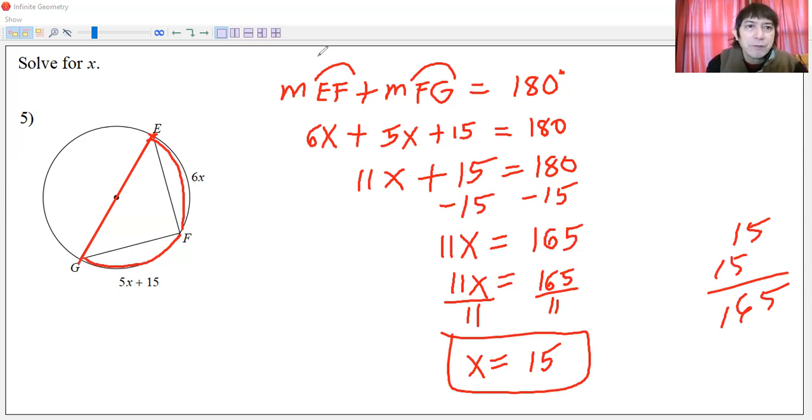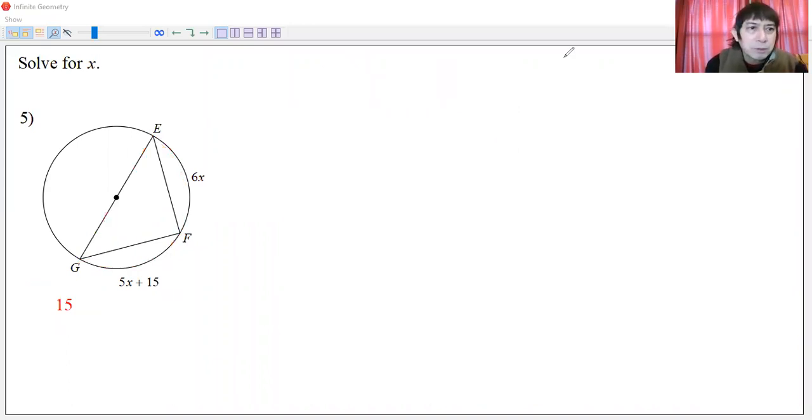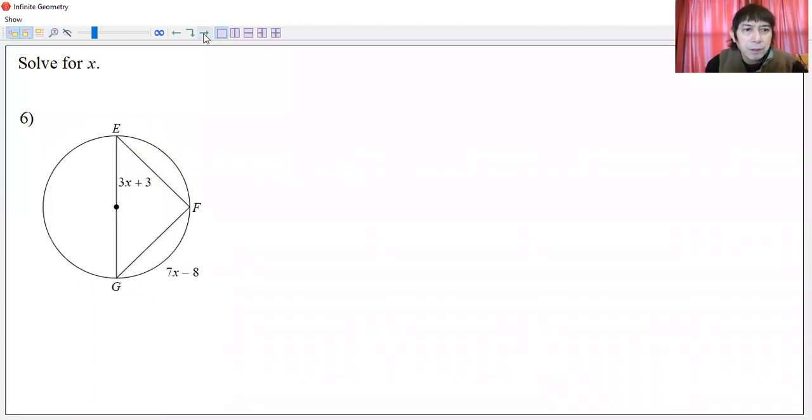All right, let's check and verify the value of x. Check below the diagram because the computer displays the answer just below the diagram. There, okay? And there's the answer. And we're done with number 5. Let's proceed to number 6. Let me clear the screen. All right, here's number 6.